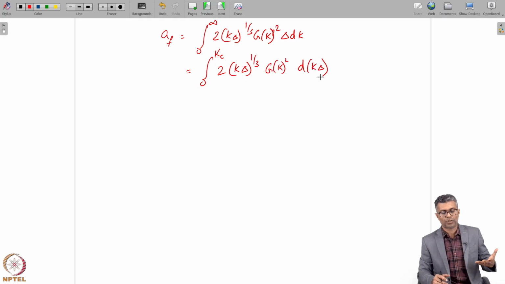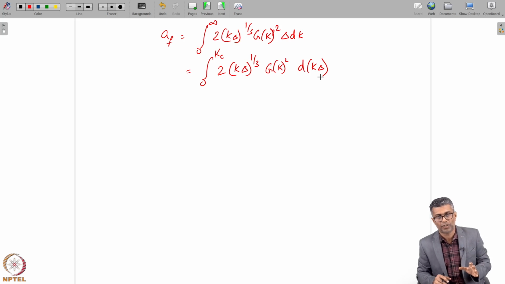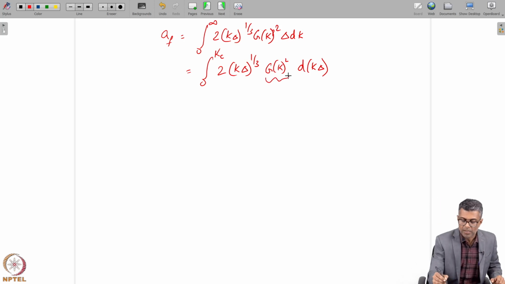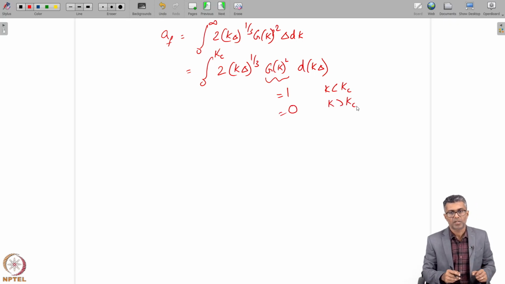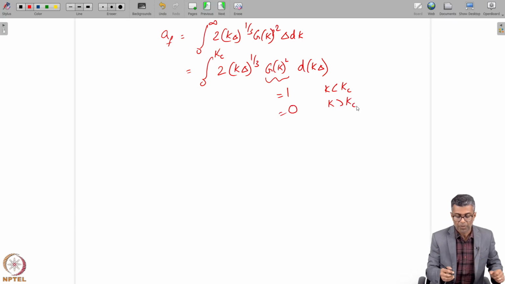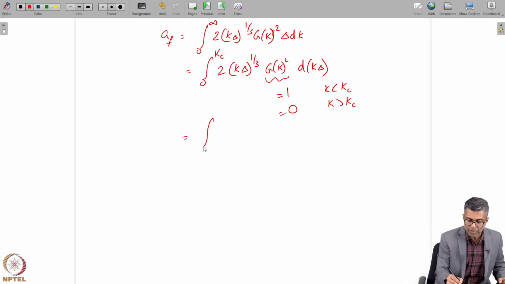Now remember, we are choosing a sharp spectral filter here. So G is equal to 1 for kappa less than kappa c, and equal to 0 for kappa greater than kappa c, because it's a sharp spectral filter, you're cutting it off at kappa c. So your integral now becomes kappa c to kappa delta to the 1/3 d of kappa delta.